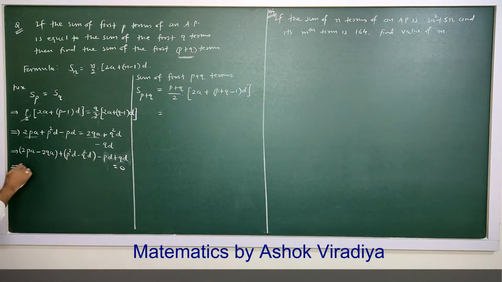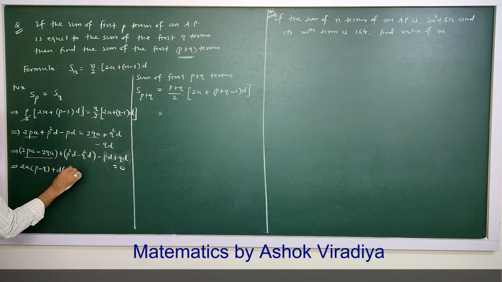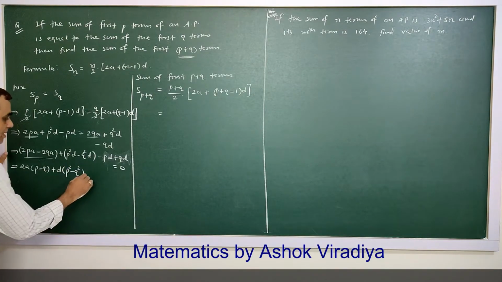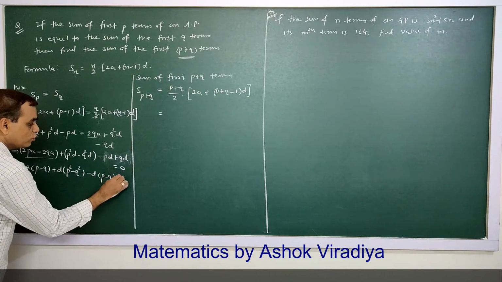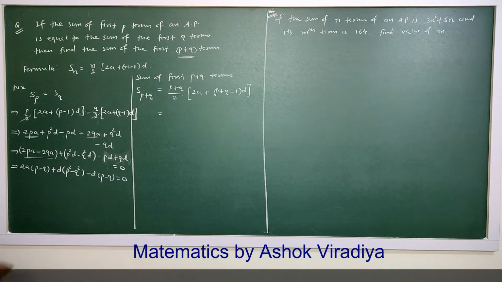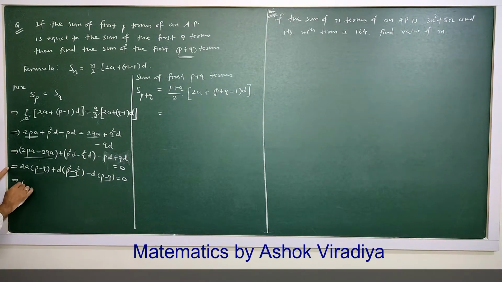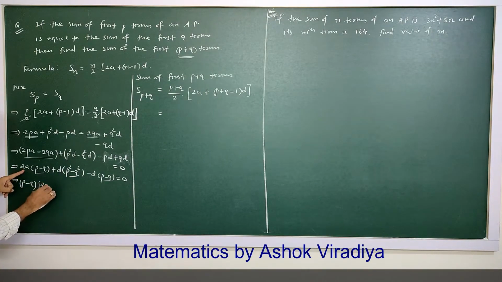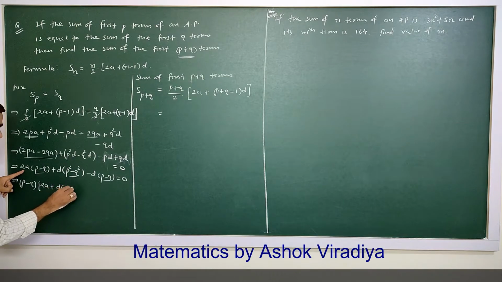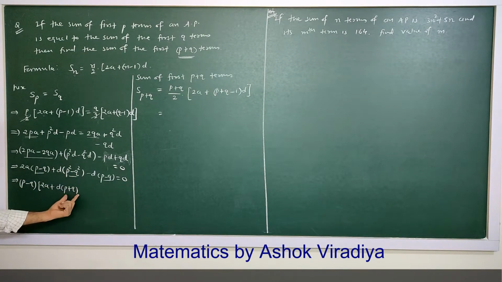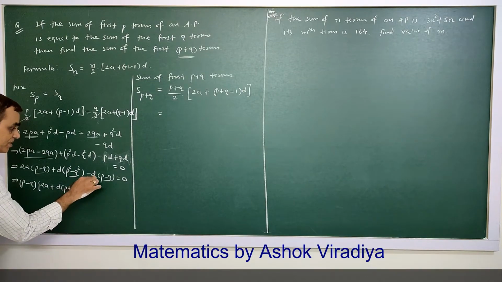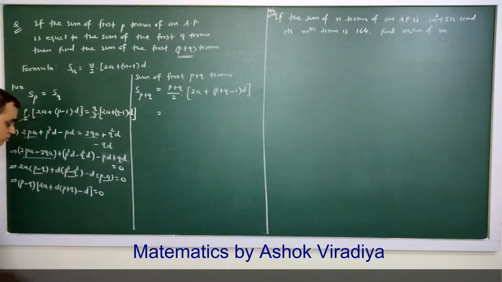Now here 2a is common, p minus q; d is common, p square minus q square; minus d is common, p minus q. Now p minus q is common, so p minus q into bracket, what is left here: 2a plus d into p plus q, minus d, equal to 0.